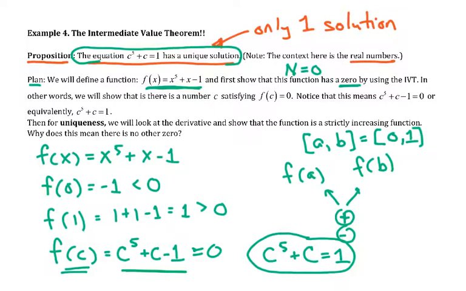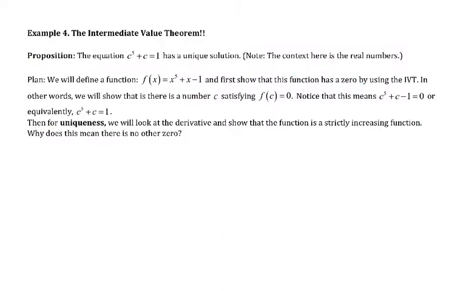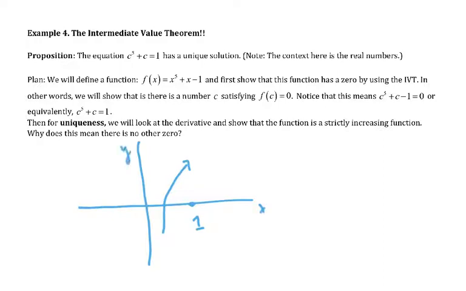Then we have to tackle this uniqueness question. Is it the only 0 of this function, or does this function turn around and come back down at some point? So our function between 0 and 1 somewhere crosses the x-axis.